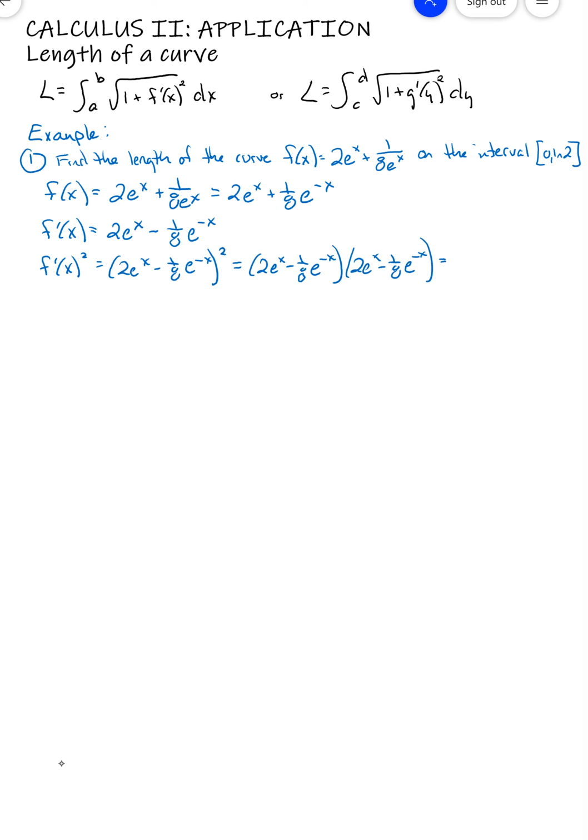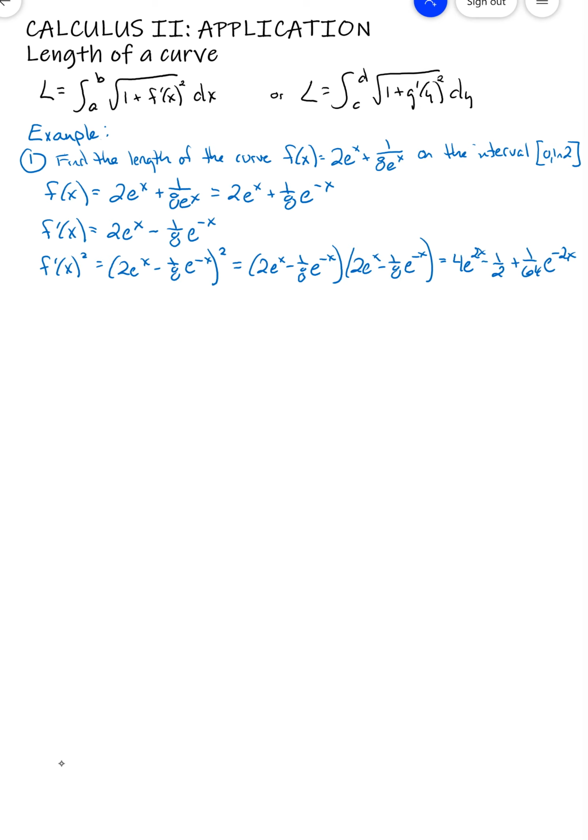You should end up with 4e to the 2x minus 1/2 plus 1/64 e to the negative 2x. Again, take your time with it. If you need to go through and multiply all this out, do so. Combine like terms, and you should end up with this bit here at the back.